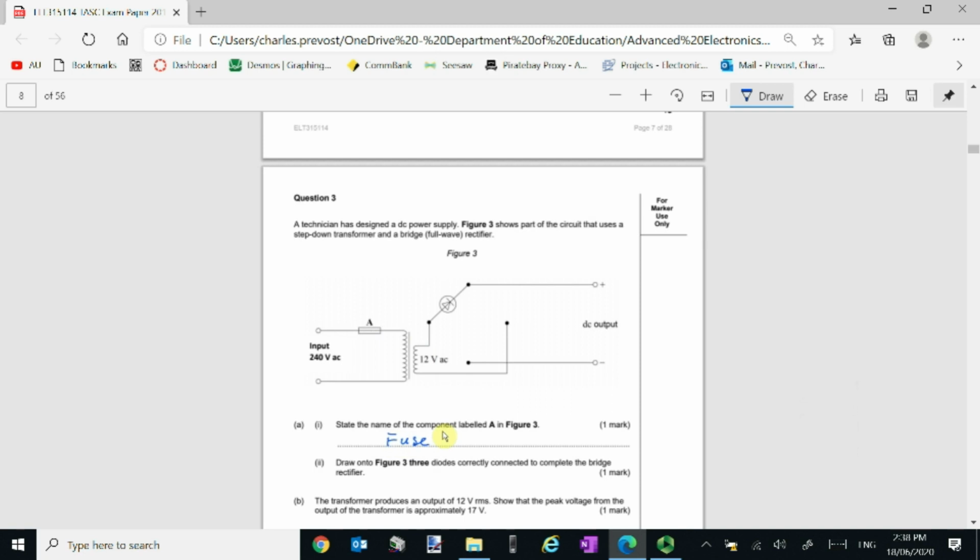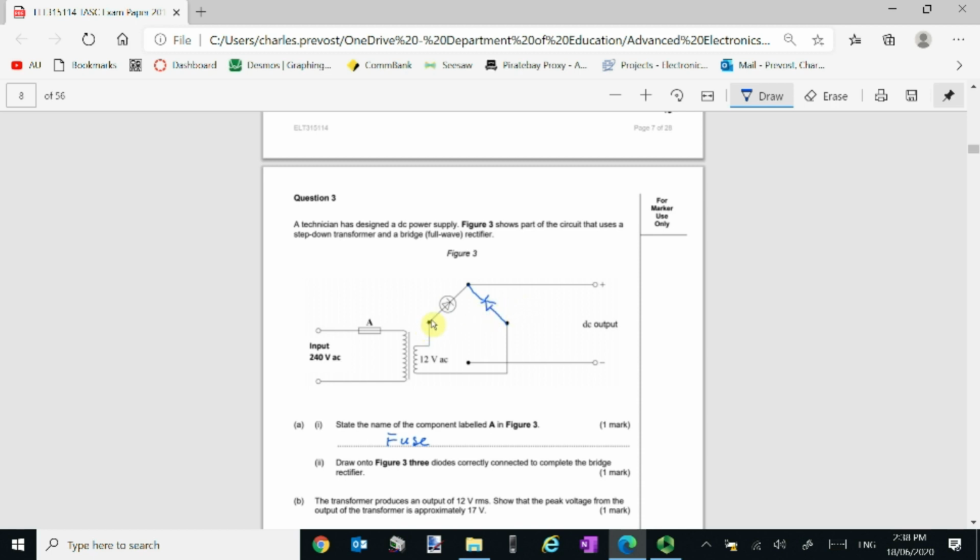Draw onto figure 3 the 3 remaining diodes correctly connected to complete the rectifier bridge. So, like I mentioned before, these 2 diodes need to be in the same direction. So when this is positive, this will be negative, so we want this to conduct, but this one not to.